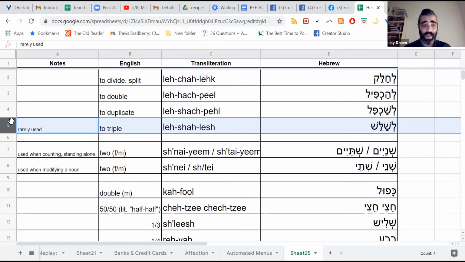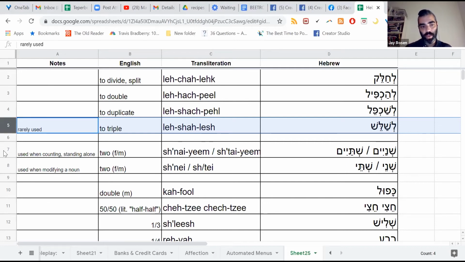Again, you're gonna rarely hear this, much less use it, but just so you know, there is a verb to triple in Hebrew, it's lishalesh, which comes from, obviously, the number shalosh. Shalosh is 3. So lishalesh, to turn something into threes, to triple. Okay, but again, you'll rarely hear this verb. I just want to put it in there for uniformity.